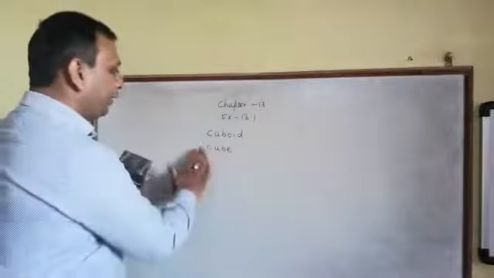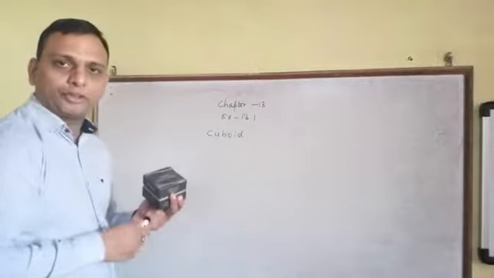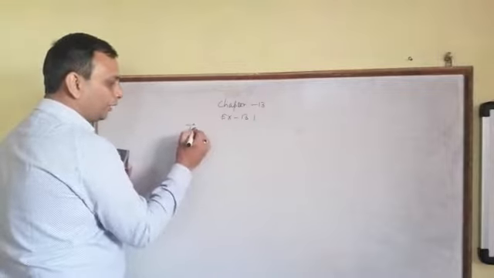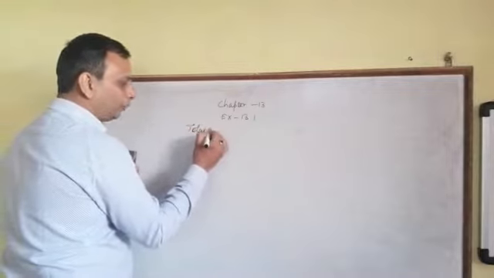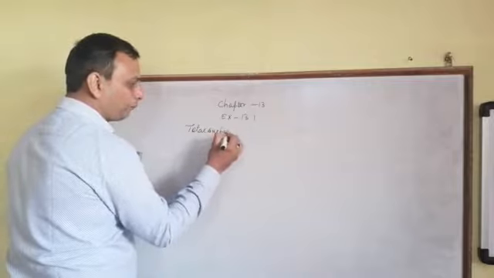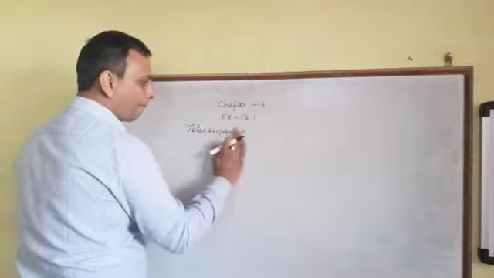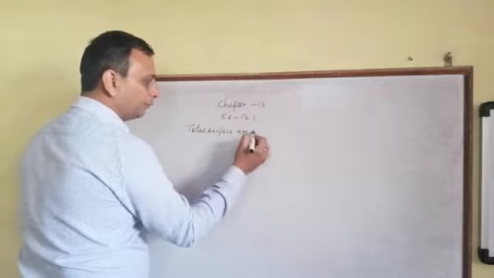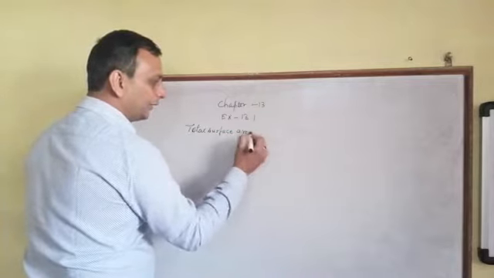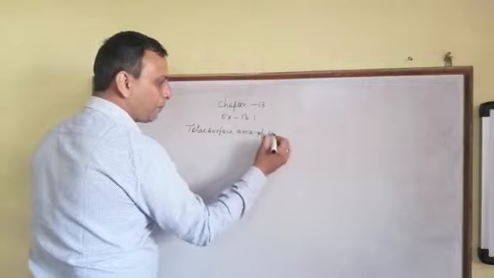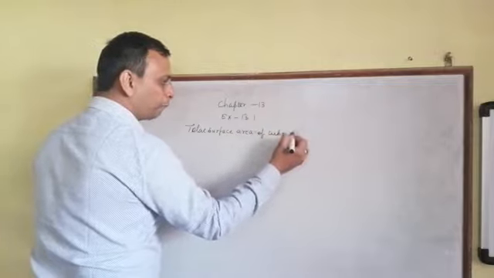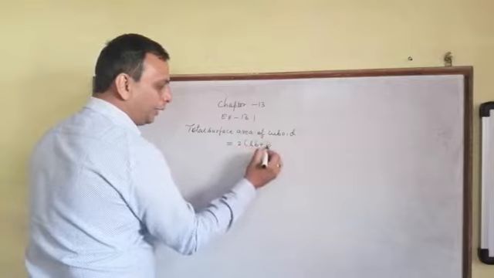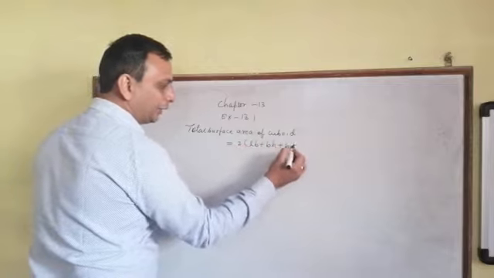Now to find the total surface area of a cuboid: total surface area of cuboid is equal to 2 into (LB plus BH plus HL).